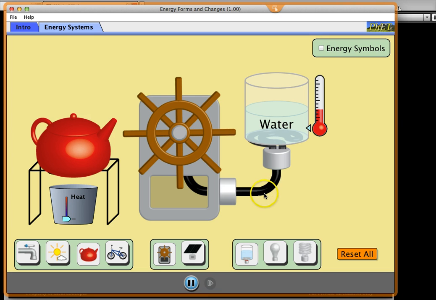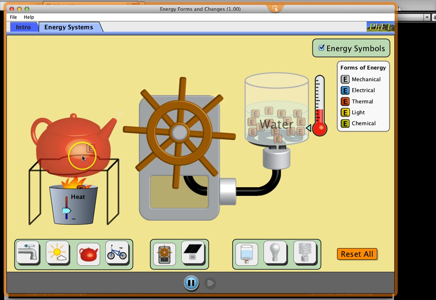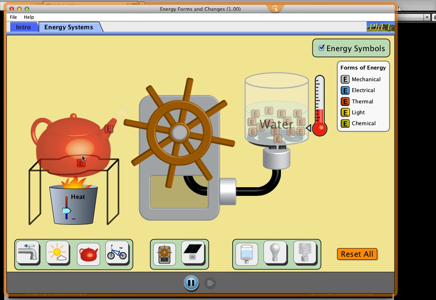Okay, so now I'm not going to do this calculation business again, which you can do for yourself, but I just want you to see the energy changes that are occurring, all the energy points that you have to consider to get the first law right. So I'm again going to click the energy symbols, and add some heat. Now watch what's happening. Some thermal energy is going in to the kettle.